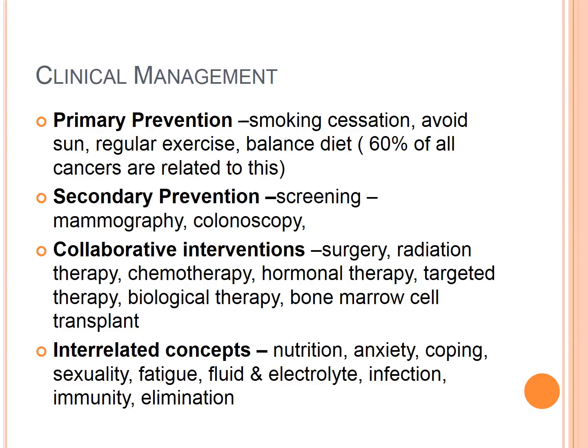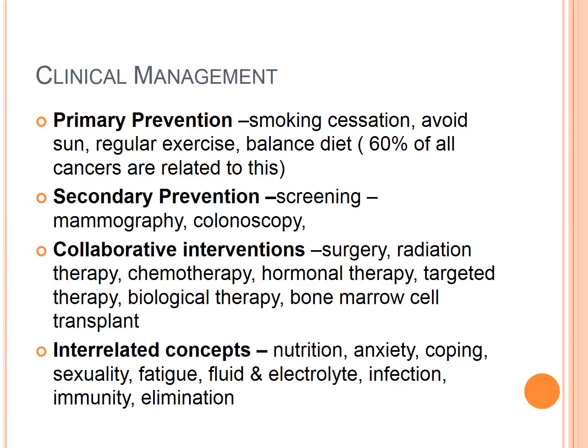Hormonal therapy. So hormonal therapy can sometimes be used in your breast cancers or some type of cancer that is hormone driven. So they can give hormonal therapy to suppress the hormones that are causing this abnormal cellular replication.